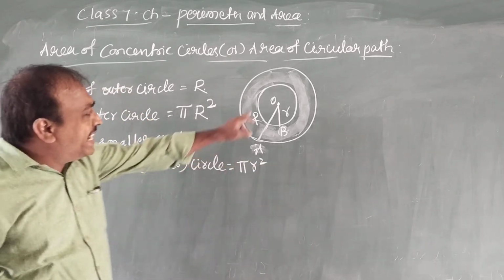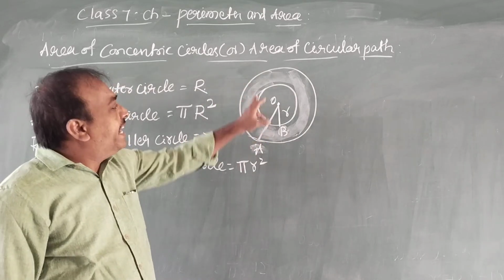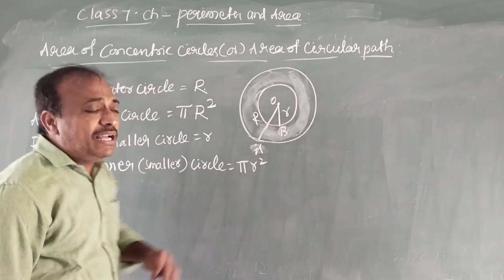Now to get the area of this shaded portion, clearly it is visible that it is the area of the outer circle minus the area of the inner circle.